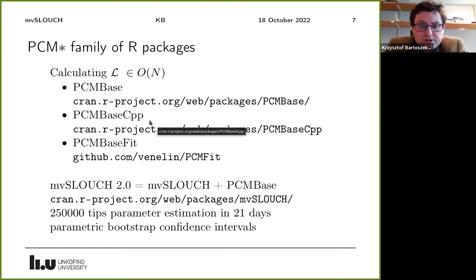And importantly, PCMBase, the likelihood calculation package, has a C++ version, which speeds up the likelihood calculations something like 10 or even up to 100 times, but on average about 20. And then during my PhD time, I developed the so-called mvSLOUCH package, which is multivariate Ornstein-Uhlenbeck models for comparative hypotheses.